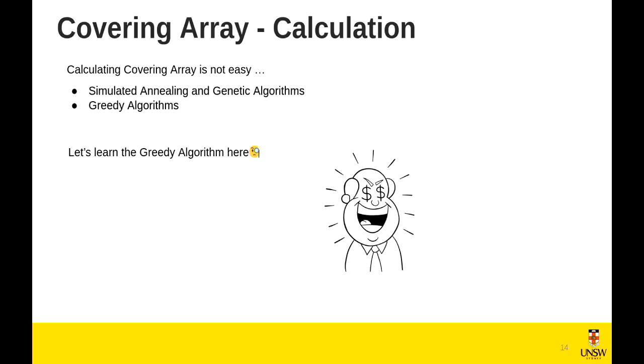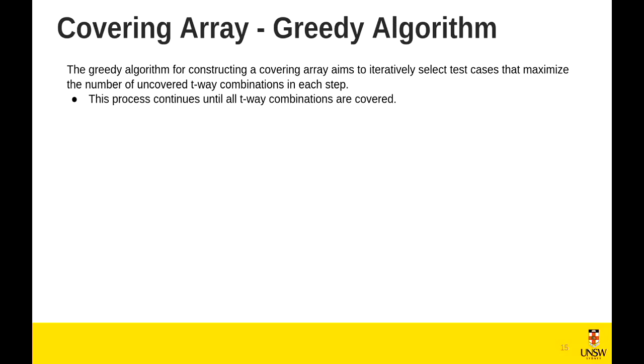How can we do this? With the greedy algorithm, we are doing it step by step, building the covering array test case by test case. The concept is very simple.